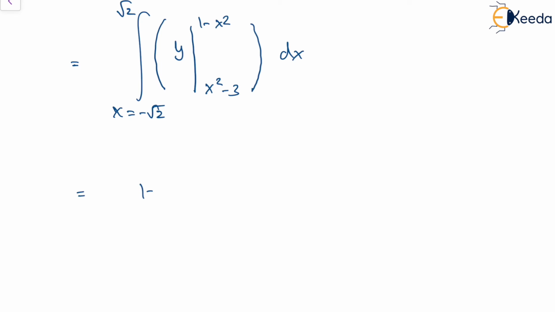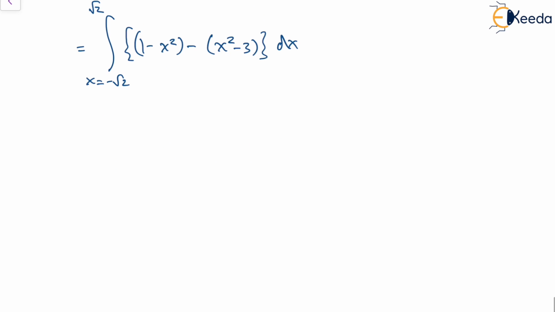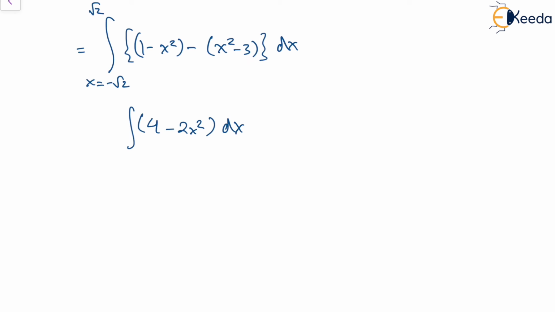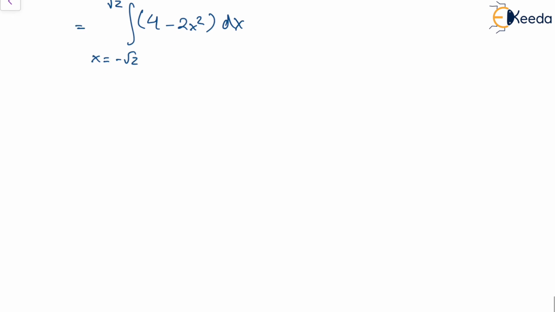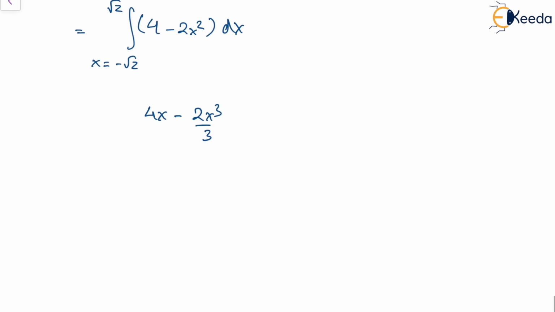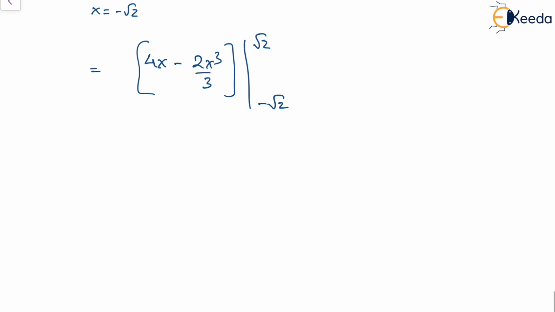So this is 1 minus x square minus x square minus 3, whole thing integrated with respect to x. So this one, 1 minus of minus 3 becomes 4, minus x square and minus x square becomes minus 2x square, and the limits. So this is 4x minus 2x cubed by 3, from minus root 2 to root 2.